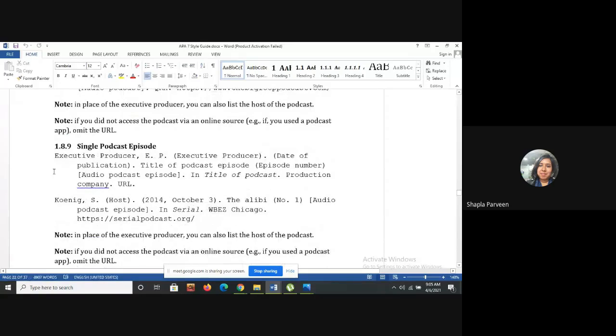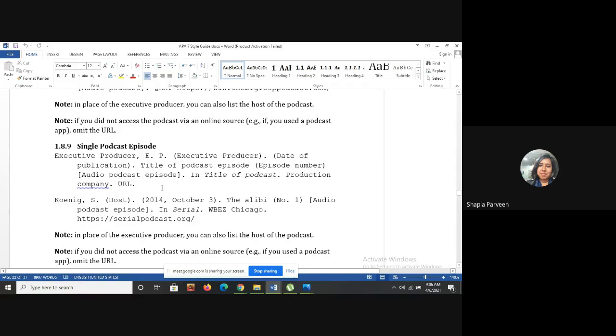First the executive producer's last name followed by initial, date of the publication, title of the podcast episode, so that's the episode number, then audio podcast episode, and then in title of the podcast, then production company, and then URL address.